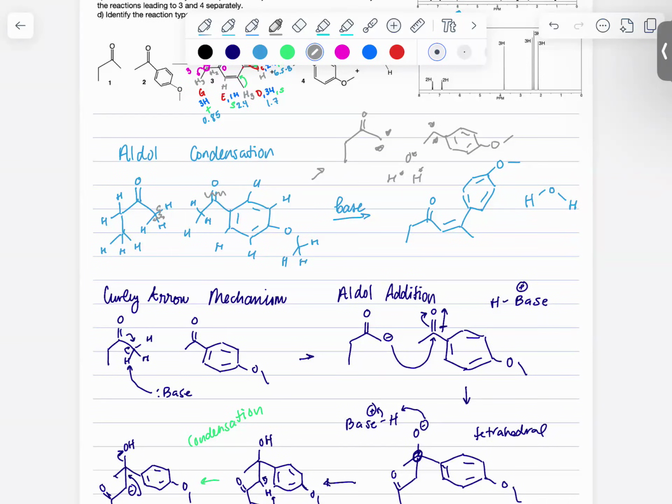Now we can indicate what new bond was formed. And which bond would that be? Which bonds multiple?